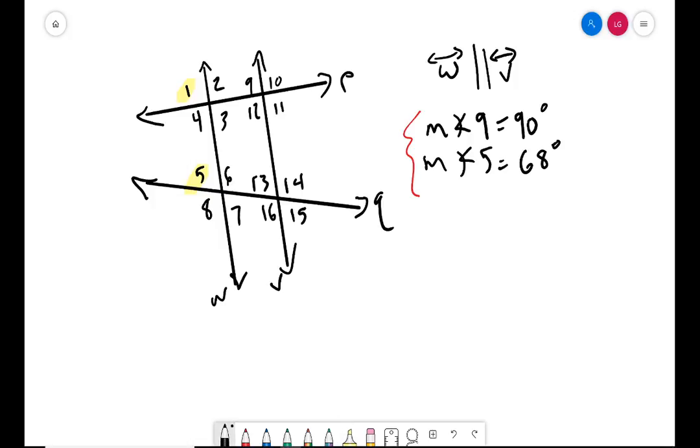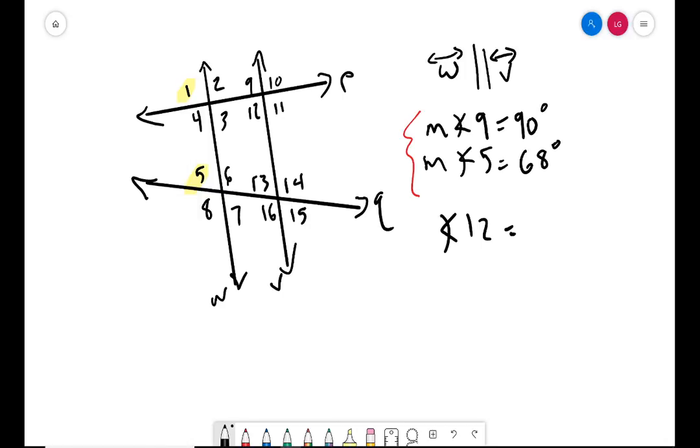So let's find a couple, like angle 12. What then is the measure of angle 12? When you think about what tools do we have at our disposal? We have the equivalent angle rules. We have also supplemental angles.